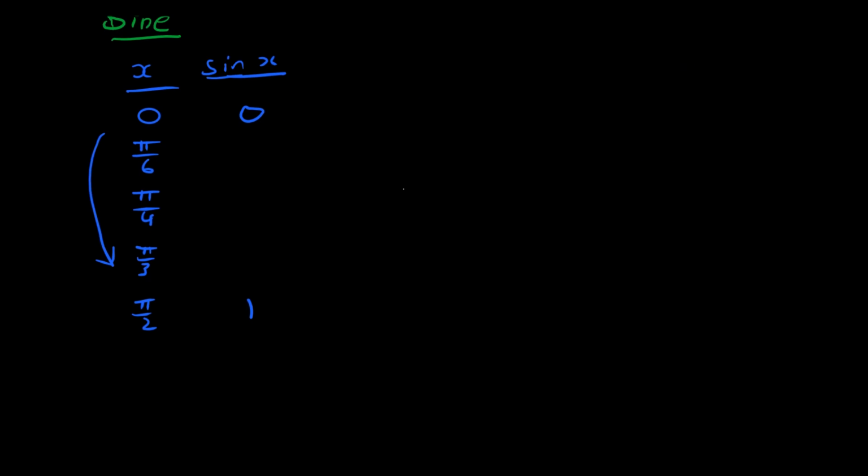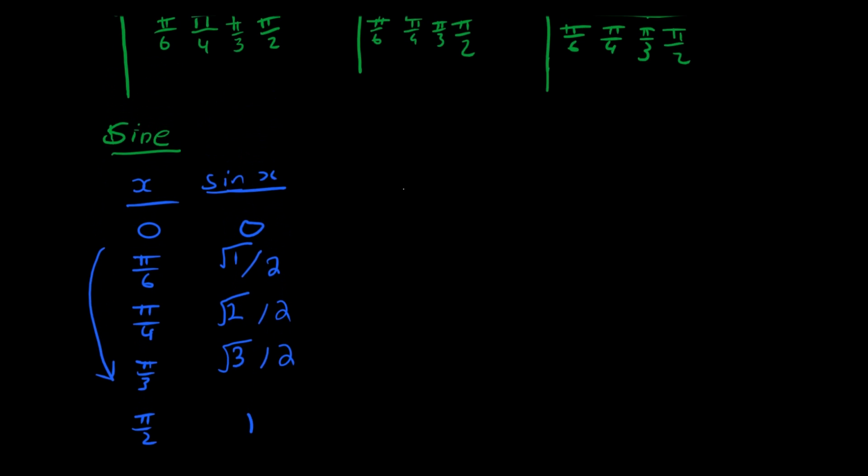So we just put in 1 for this, put in 2 for this, and put in 3 for this. Then we add a root for all of these and divide by 2. And you get those values just like that.